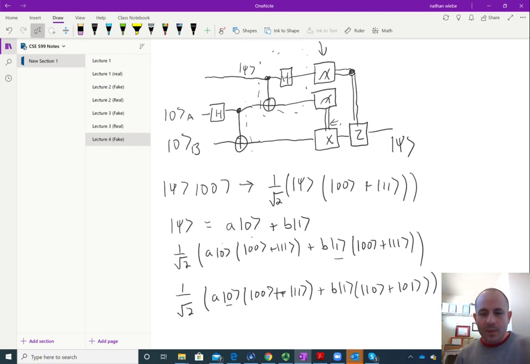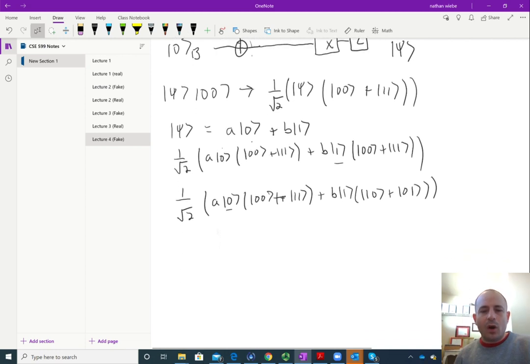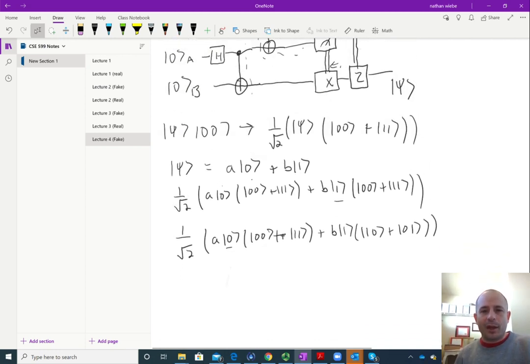Okay, great. Now the next step is we perform a Hadamard gate on the top line.